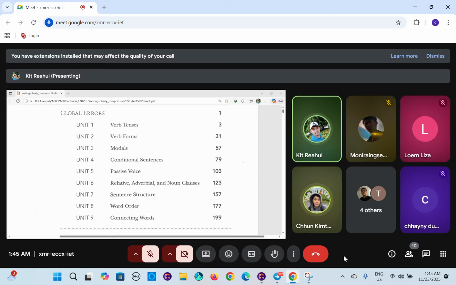Remember, everyone, you use the verb two, past simple, only in the positive sentence of past simple. If the sentence is not a positive sentence, we cannot use the past simple verb. For the negative, we use the base form of the verb. For the question, we use the base form of the verb. We don't use the past simple verb. So we use past simple verb or verb two only in the positive sentence of past simple, isn't it?